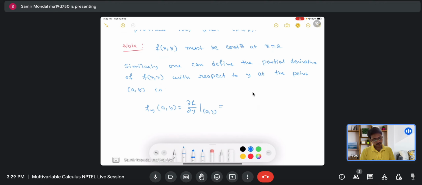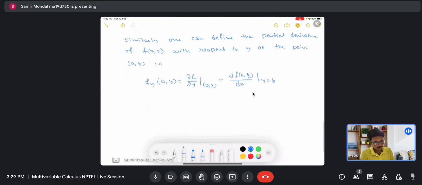When we are taking the partial derivative with respect to y, we have to plug x equal to a, and then take the derivative of that function. After plugging x equal to a we get this function. Take the derivative of this function at the point y equal to b and use our known definition.